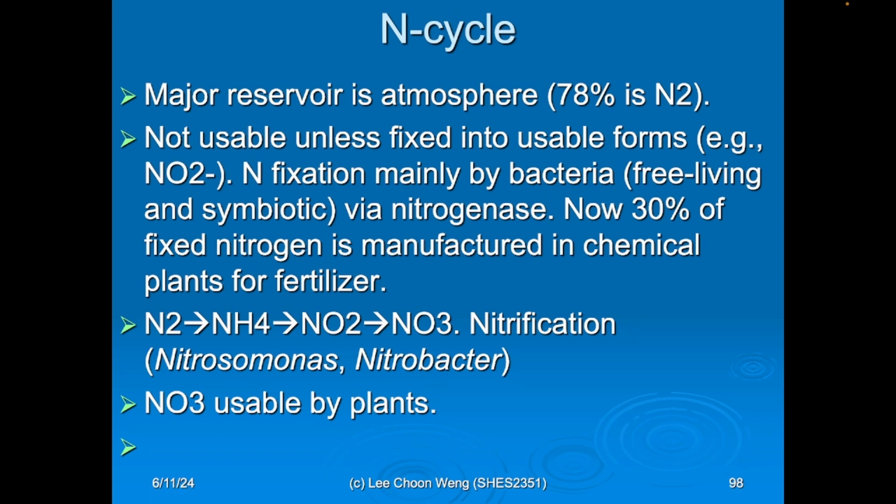Other than N fixation, the main process involved in the nitrogen cycle is nitrification, where nitrogen is oxidized to ammonium, then nitrite, and then nitrate. Important bacteria here are Nitrosomonas and Nitrobacter. It's important because nitrate is the form that is usable by plants.